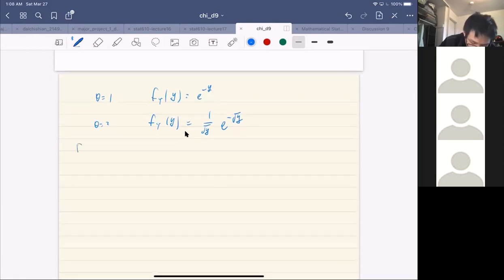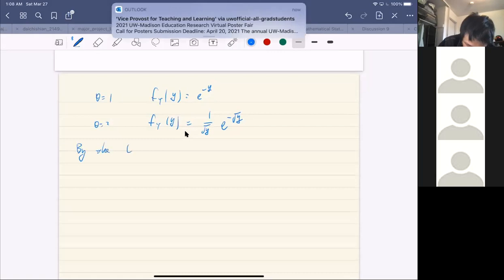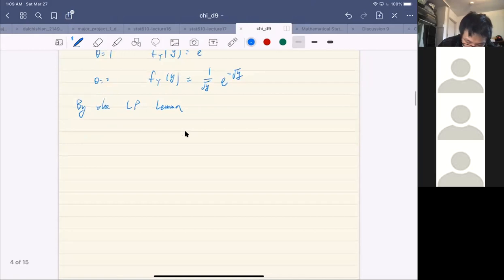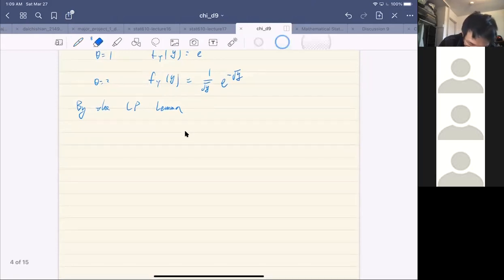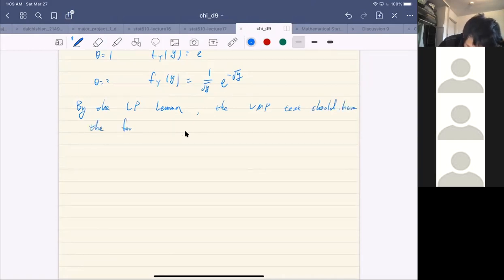So by the Neyman-Pearson lemma, we know that the candidate of the UMP test has the following form.